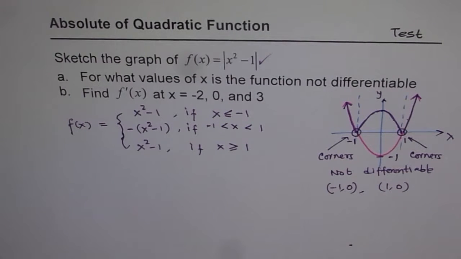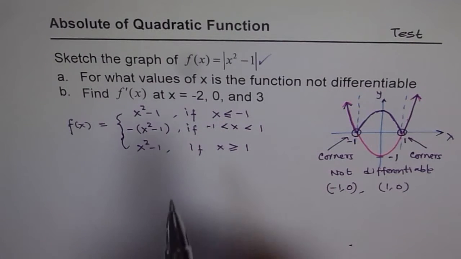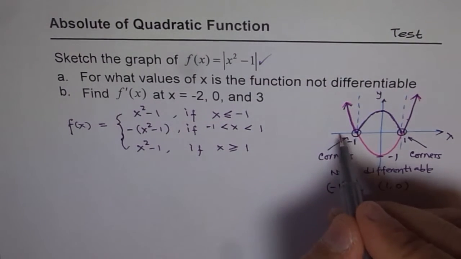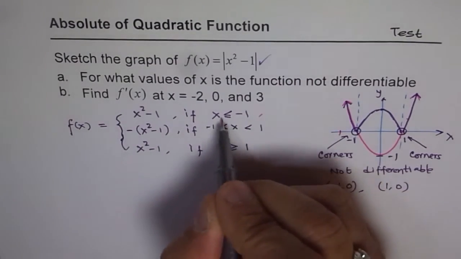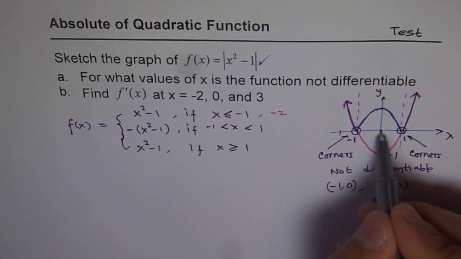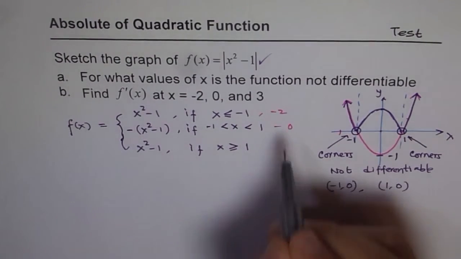Now when we are trying to find the derivative of this function, we have the derivative in all three portions separately, since these are different equations, right? As you will note, the first point is minus 2. So minus 2 falls where? Minus 2 is somewhere here, right? So for minus 2, we'll use this equation. The second one is 0, which is here, so we'll use this equation for 0.